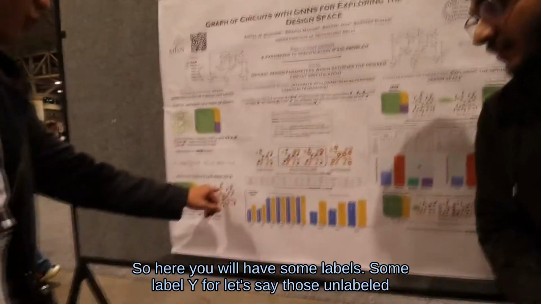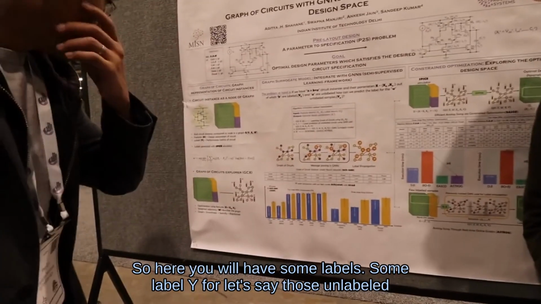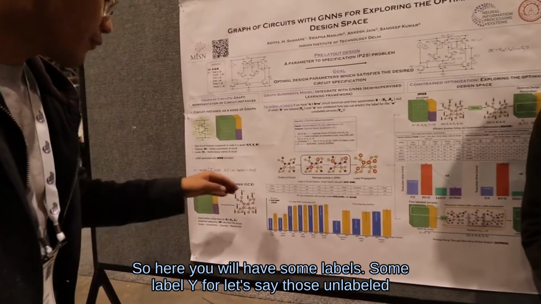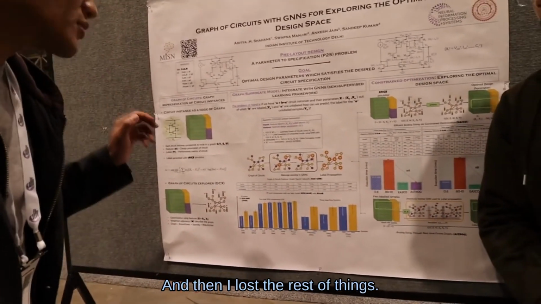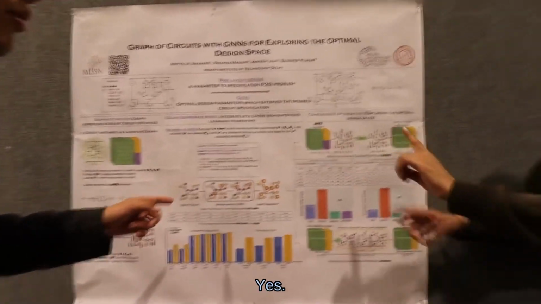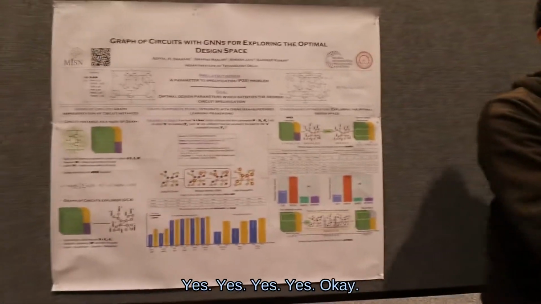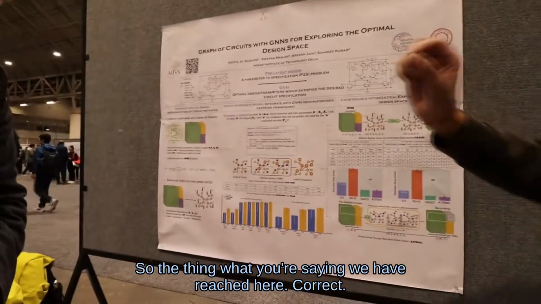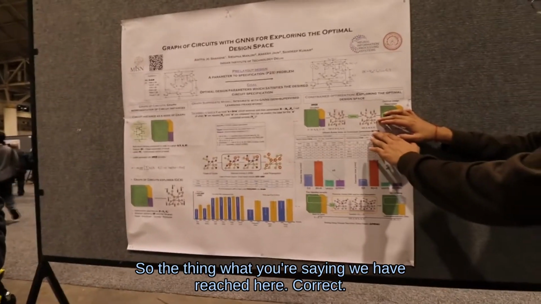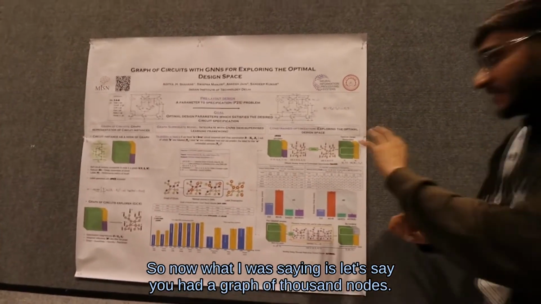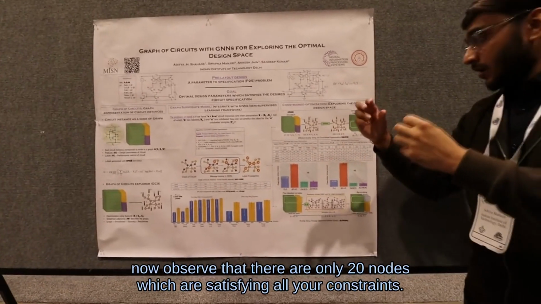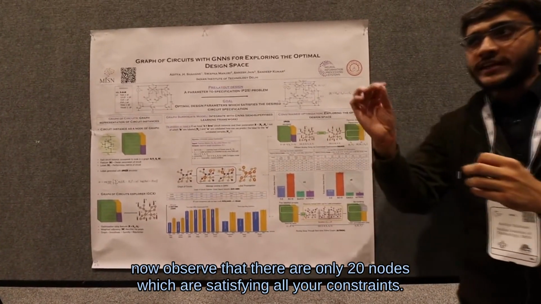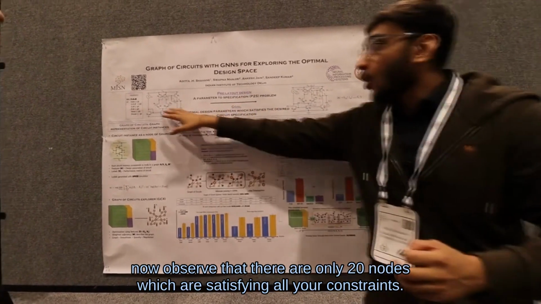I have a question here. So here you will have some labels, some label Y for, let's say, those unlabeled nodes. Correct. The thing which you're saying, we have reached here, correct? So now what I was saying is, let's say you had a graph of 1,000 nodes. Now you observe that there are only 20 nodes which are satisfying all your constraints.